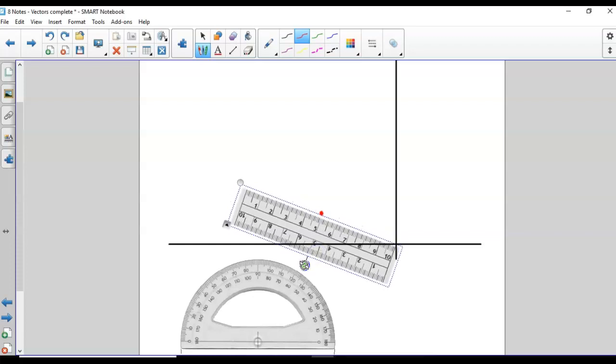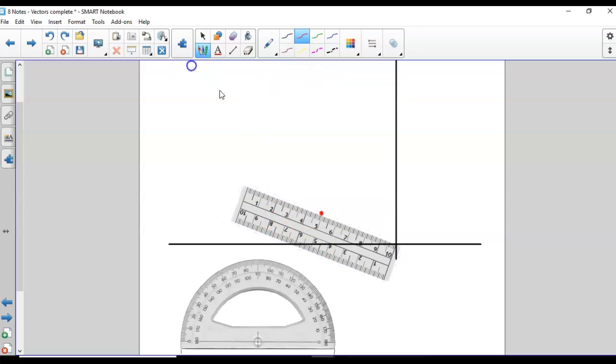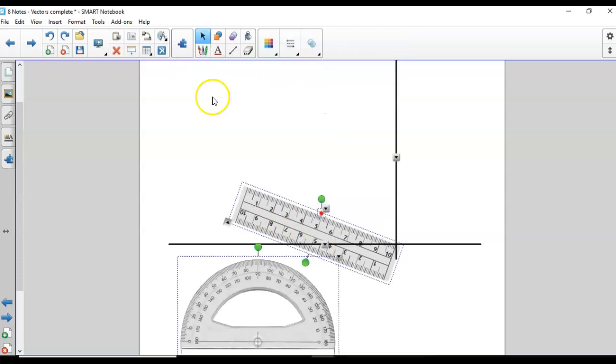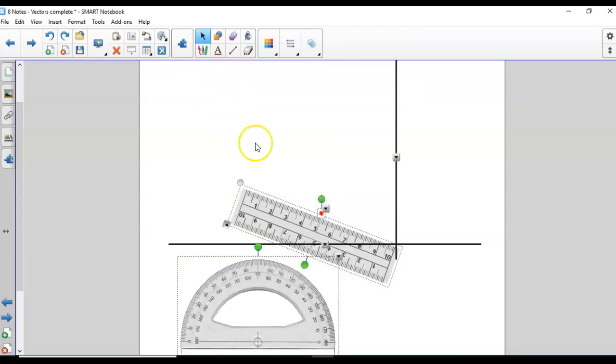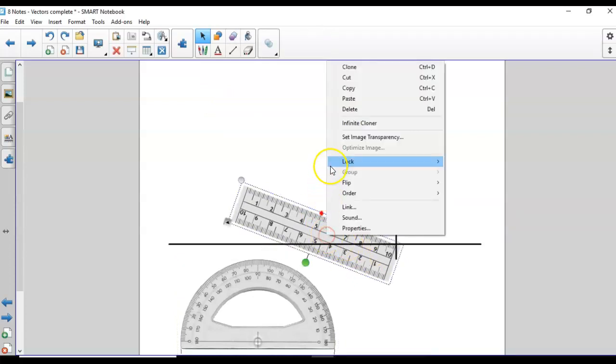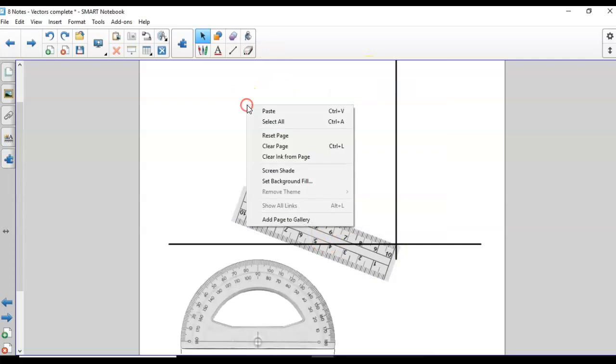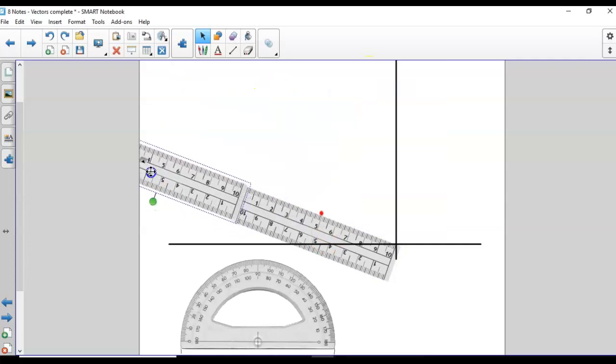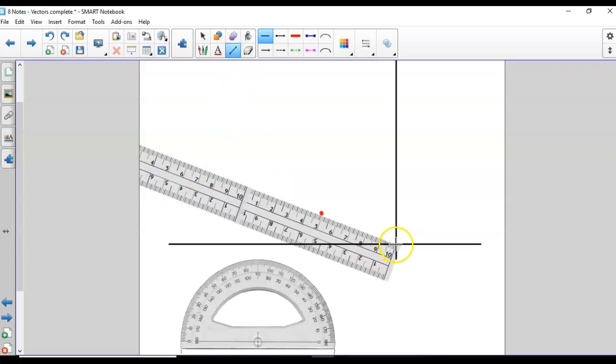And it's a lot harder for me to line up my ruler than it is for you guys because you can just move your ruler. And I'm actually going to have to copy and paste this ruler because I need my ruler to be longer here. So I need to draw a vector that has a length of 14.3.